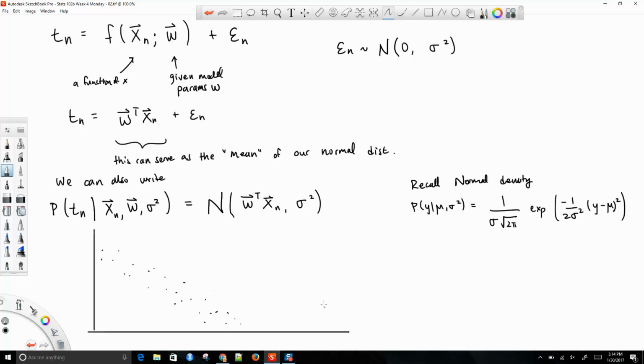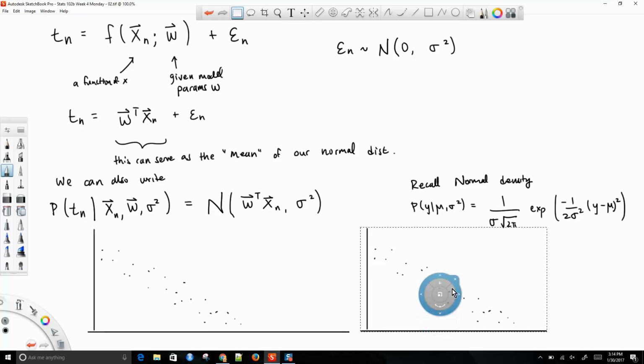We're going to model this as: there is some line like this. This line represents w transpose x, or x of n.